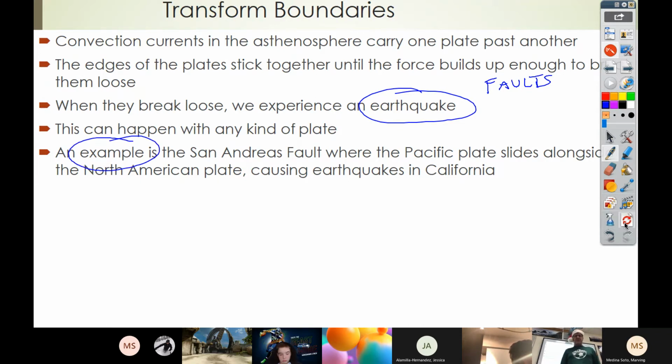Famous San Andreas Fault. So these were our features, and then the San Andreas is our primary example.